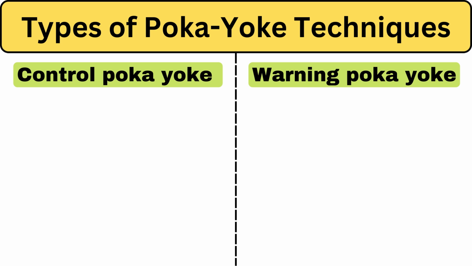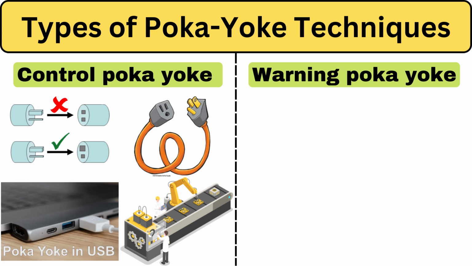There are two types of Poka Yoke technique. One is the control Poka Yoke technique and the second one is the warning Poka Yoke technique. These two techniques are used during product design and manufacturing to eliminate errors or mistakes during product manufacturing or in operations. So the first one is control Poka Yoke.